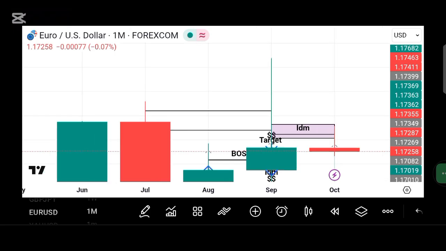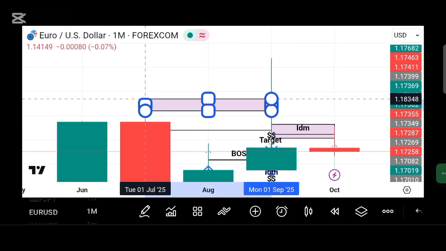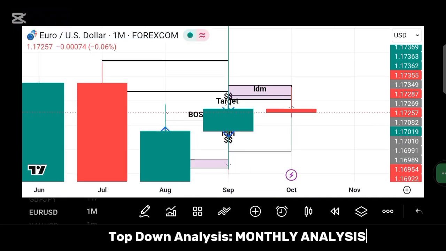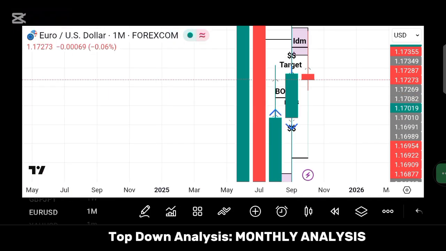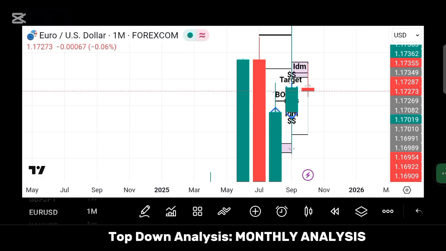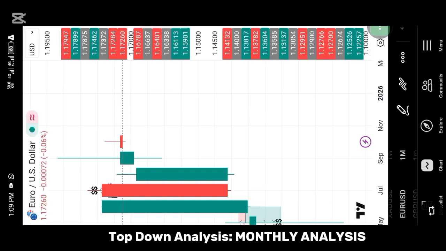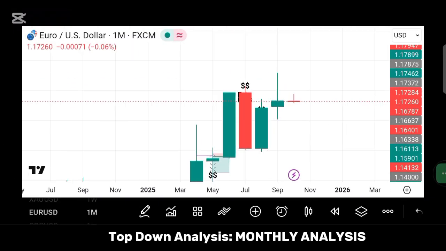You see here, liquidity was being taken out from this high, and the previous month, which was September, this bullish candlestick here. Let me just use a new chart. So here on the monthly time frame, this is what happened.